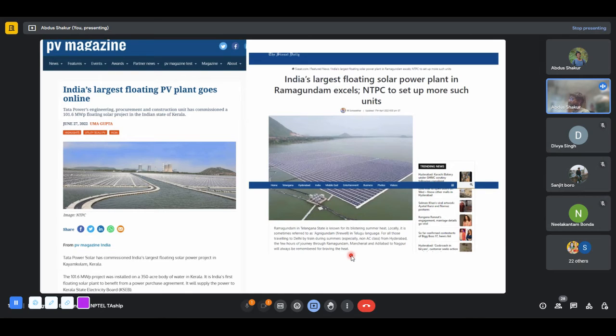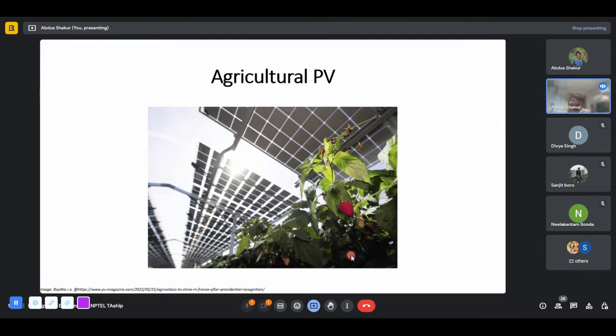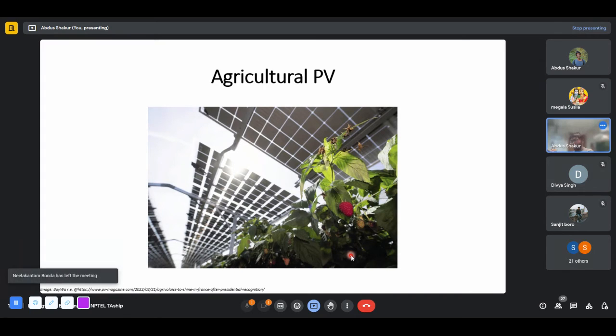So yeah, this technology is already also there in our country. And there is this other way of installing solar panels to harvest energy. The one is agricultural. So you have these permanent structures that shade your crops lightly so that they are not exposed to sunlight very much, and simultaneously you are not fighting for space to get these solar panels installed.